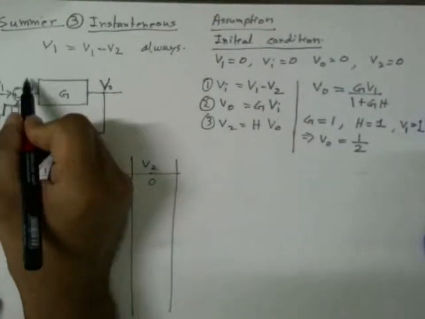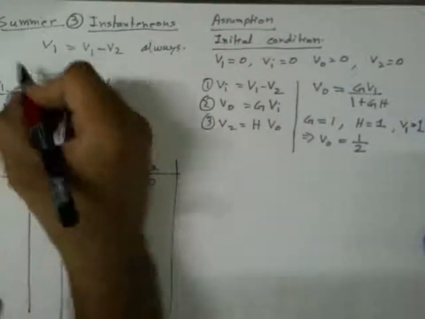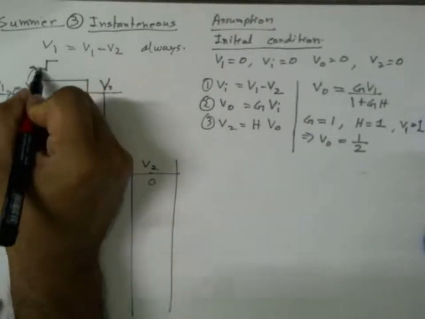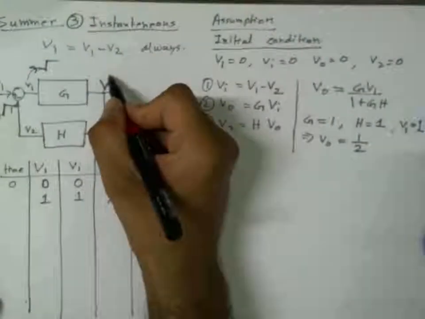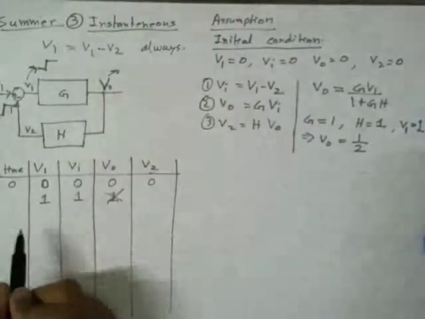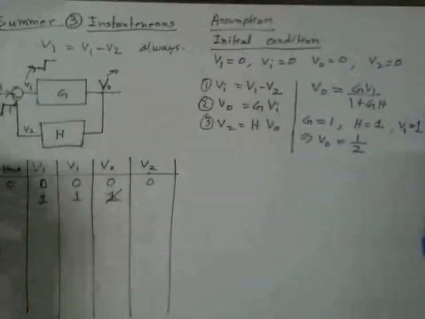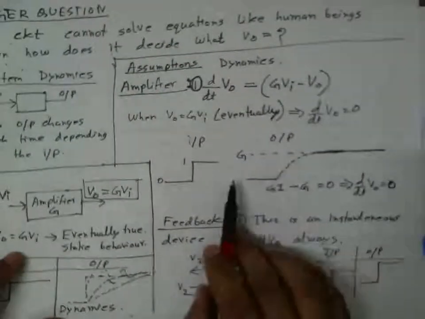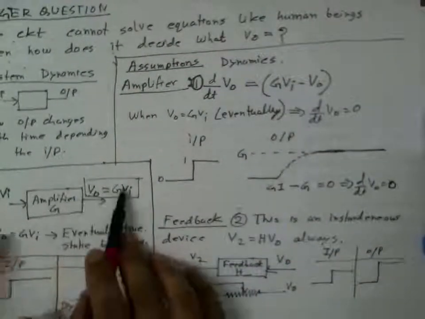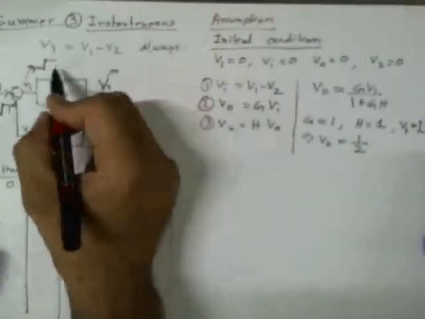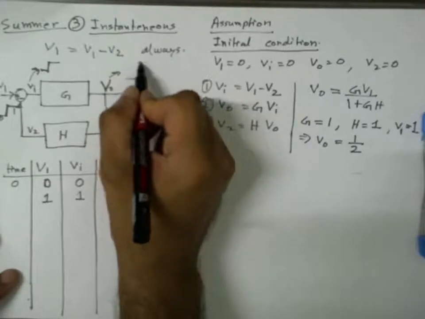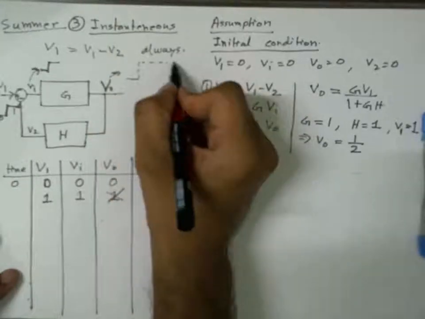So here the Vi should also be like a step function, but VO cannot be a step function because of the system dynamics that we described. The output of the amplifier takes some time to change, so it cannot go up immediately like this. This is not possible.